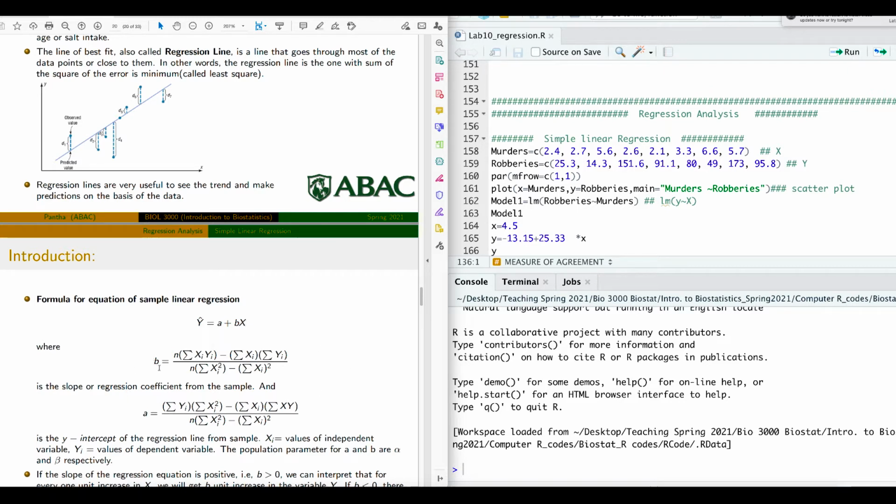What is b? b is n times summation xi times yi minus summation xi times summation yi, divided by n times summation xi square minus summation xi whole squared. Okay, so what columns do you need for that?